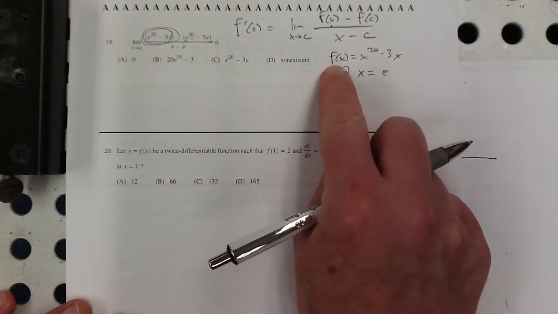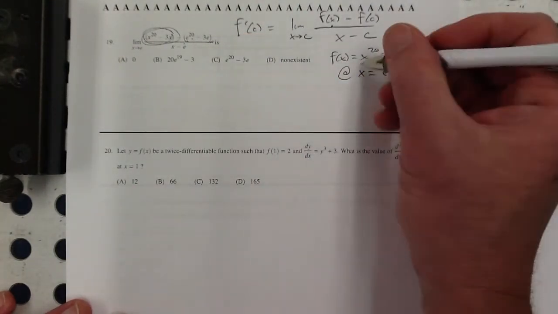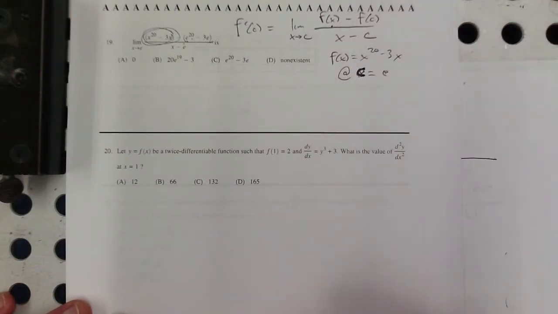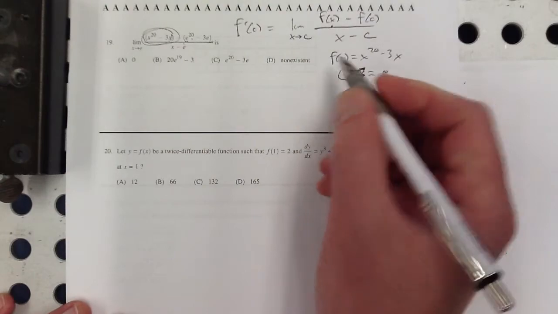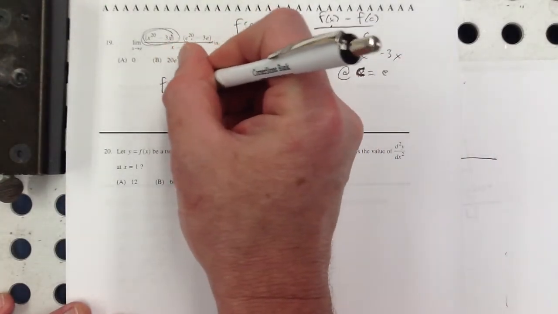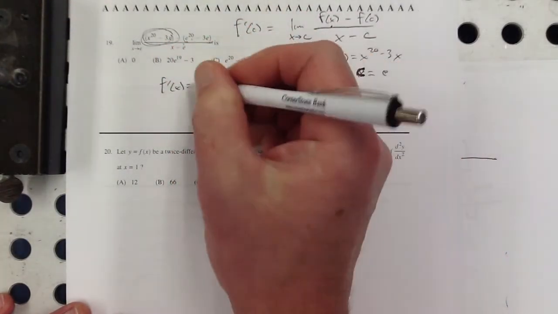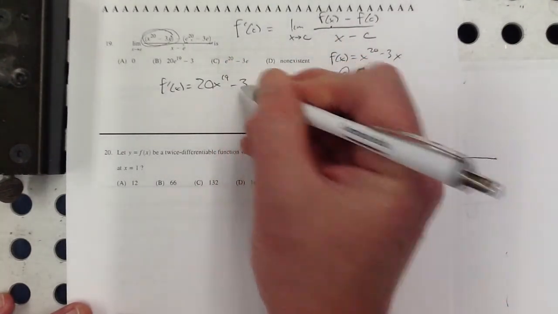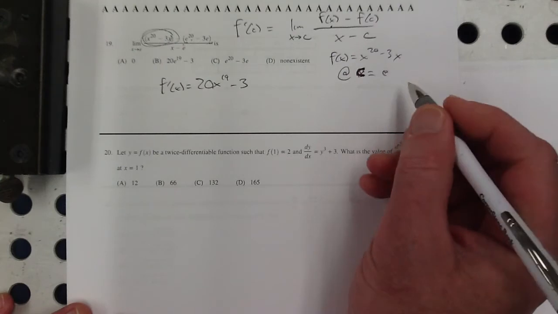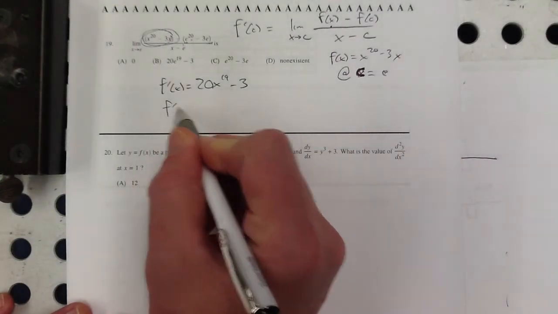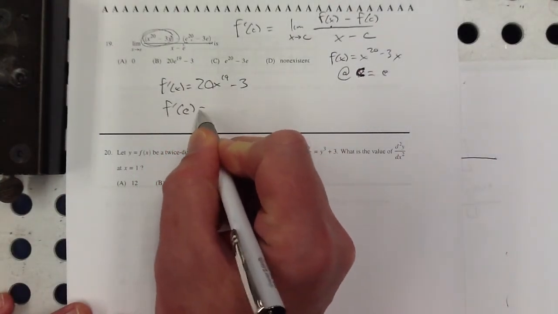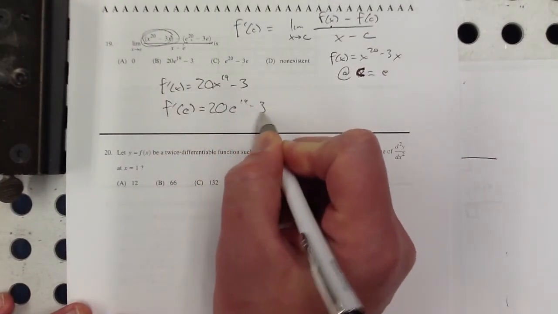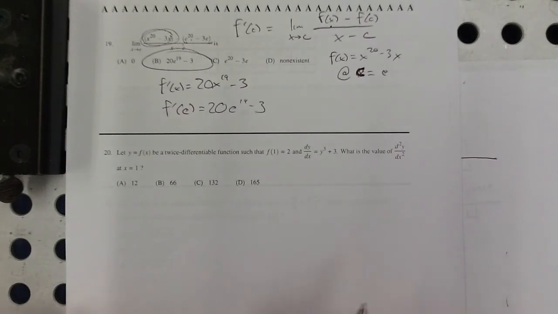So if I can find f prime of x and then just plug this in, I should say that c equals e, not x equals e. So that's easy, right? f prime of x is equal to 20x to the 19 minus 3, and f prime of e is 20e to the 19 minus 3, which is b.